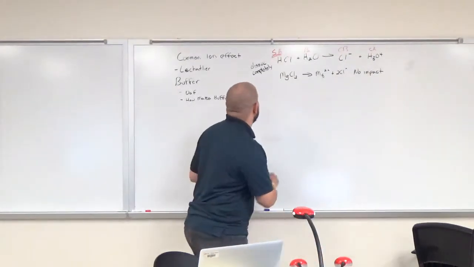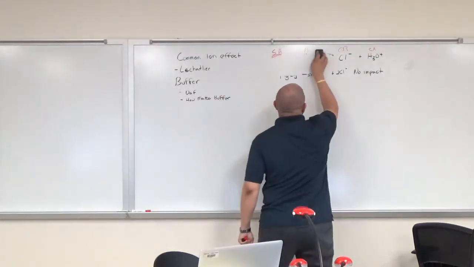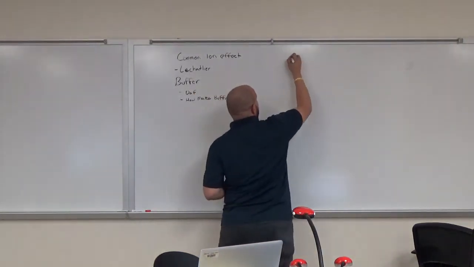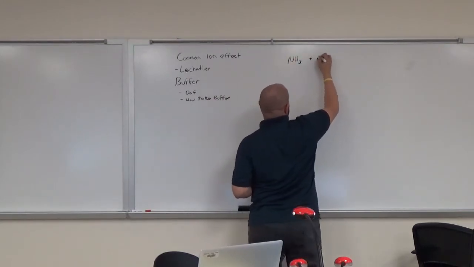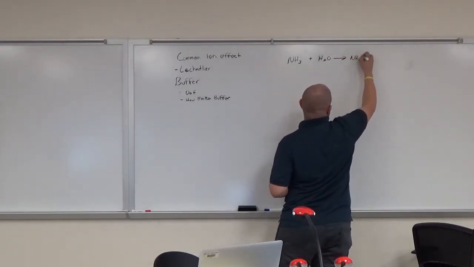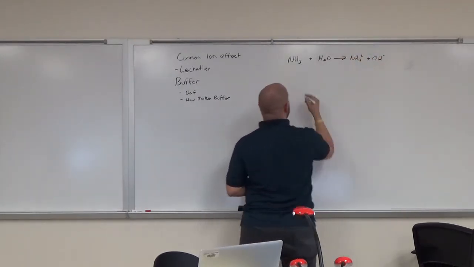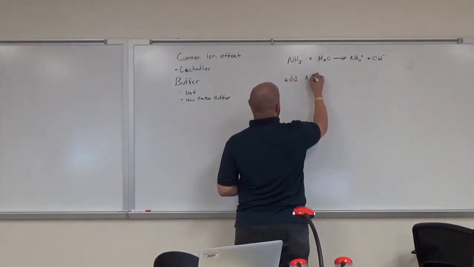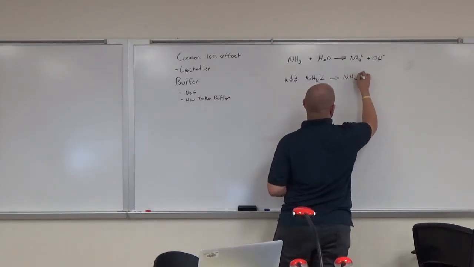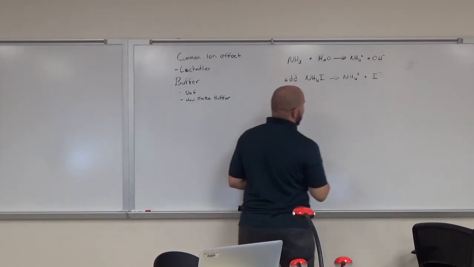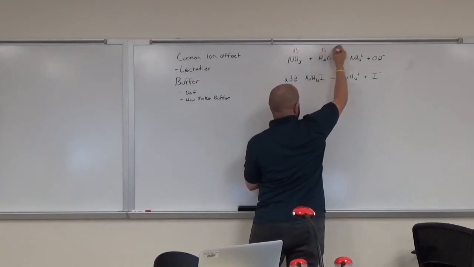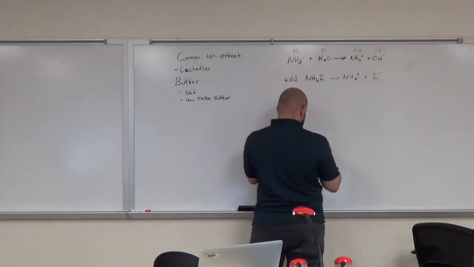Now, they also give an example, and I don't have this on the in-class worksheet, but the common ion also works for weak bases. If we took a look at ammonia and water to create ammonium and hydroxide, if we were to add ammonium iodide, then that would dissociate into ammonium plus iodide ion. And this is, in fact, a common ion. Remember, we have a base, an acid, a conjugate base.